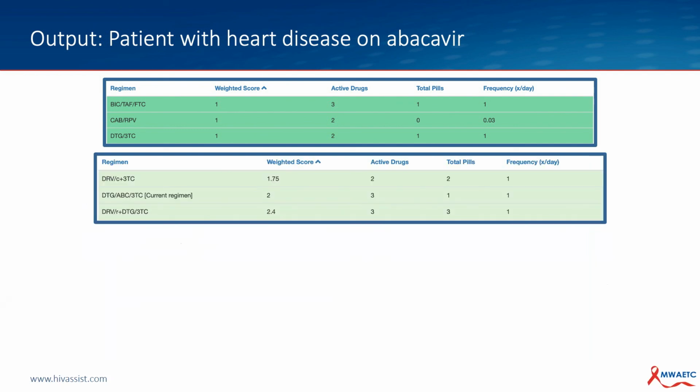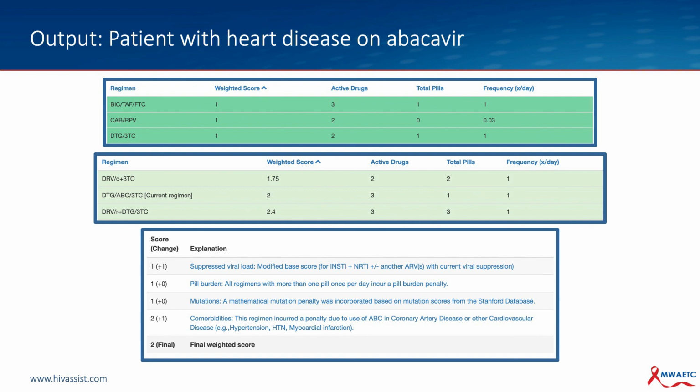And so you'll see farther down in the light green is the current regimen that the patient's on. And it gives you that feedback about what was your preferred regimen or what's the current regimen. And again, please do look at how people get penalized. Here it says, this regimen incurred a penalty due to use of abacavir in coronary artery disease.